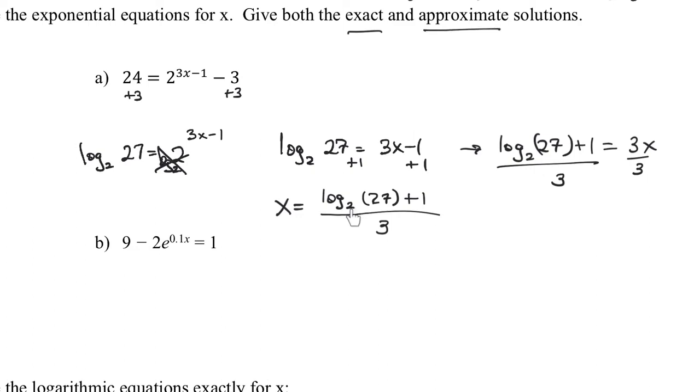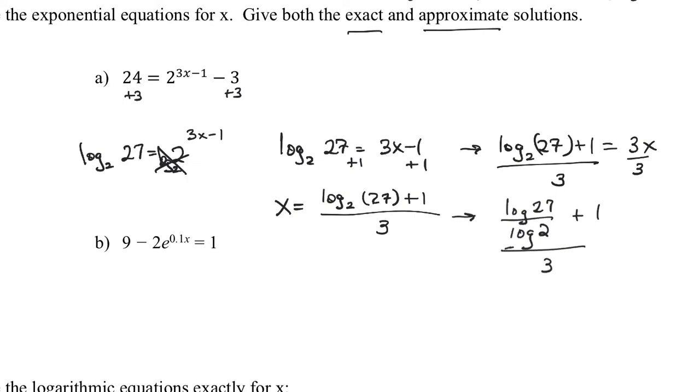Remember, the scientific calculator cannot do log base 2. So here you have to employ what we call the change of base formula. If you wanted to see what that looks like written out, it would be log 27 divided by log 2, and then we would add 1 to that, and then we would divide by 3.